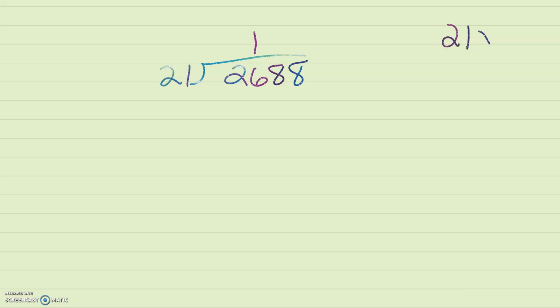And 21 times 1 is 21, so we're going to write down 21 and subtract. 26 minus 21 is 5. Then we're going to bring down our next digit, which is our 8.